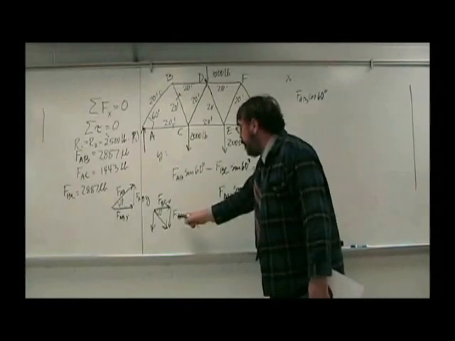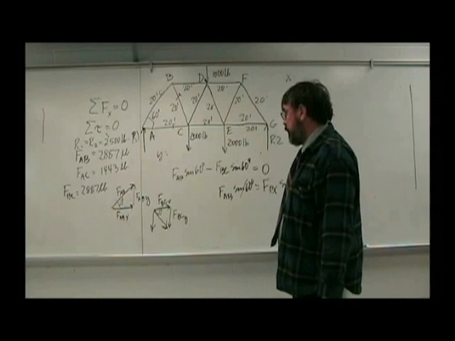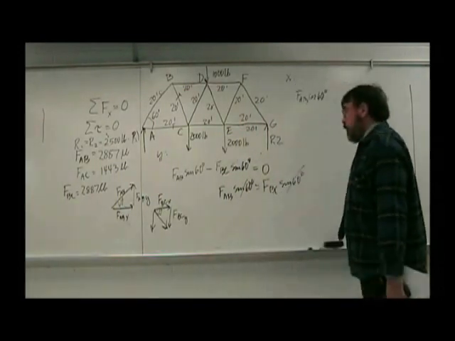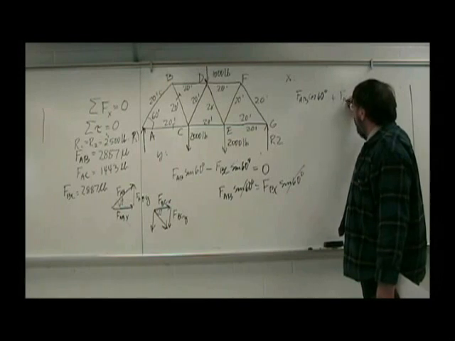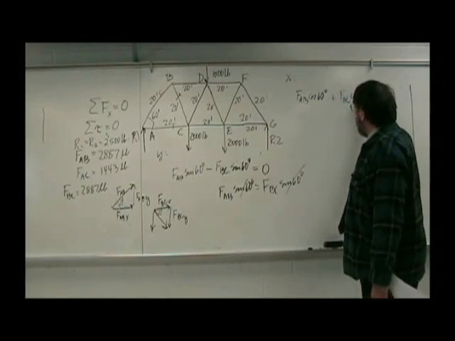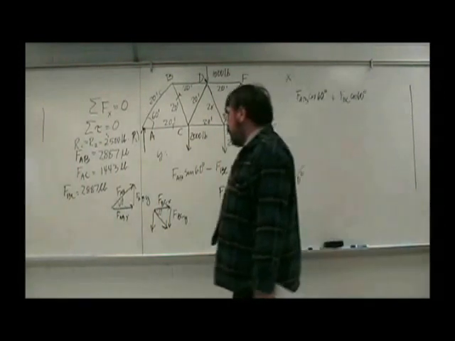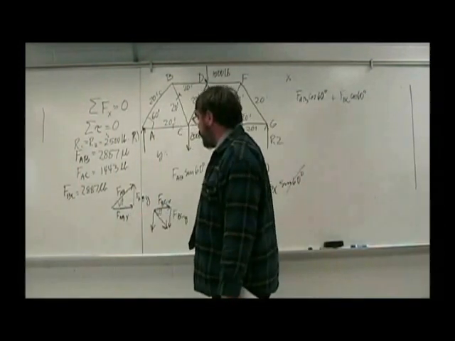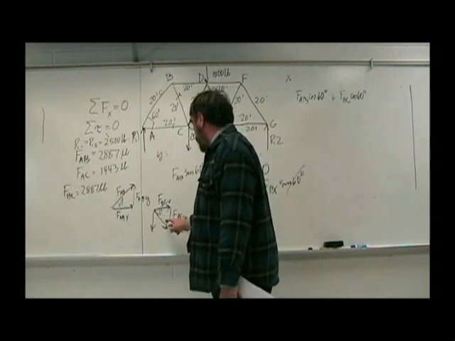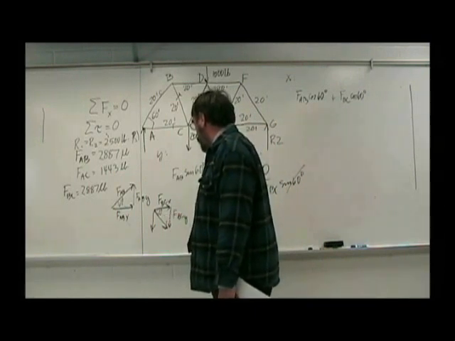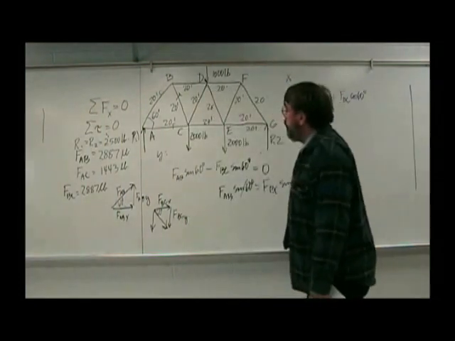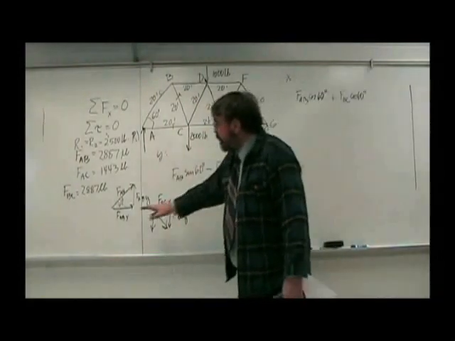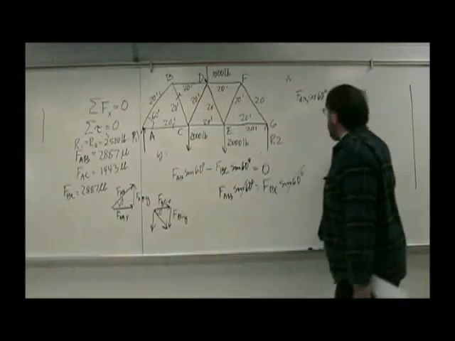And this one, FBCX, is equal to FBC cosine 60 degrees. I hope I'm doing this right. FAB cosine 60 degrees. This is FBC cosine 60 degrees. And they're both going in the positive direction, so we want plus signs.